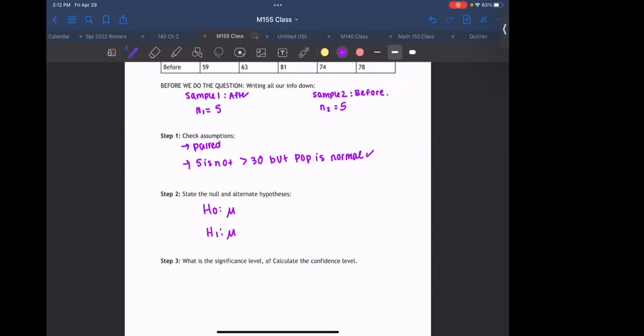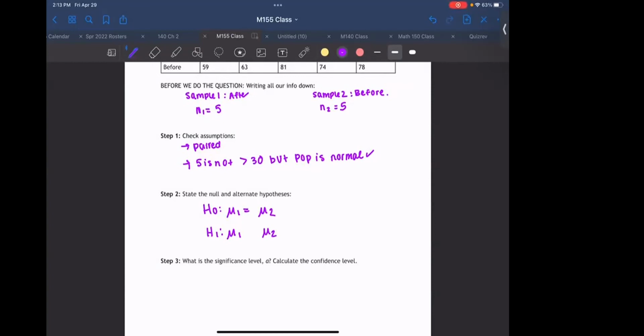And we have 2 means, right? So I guess we need mu1 and mu2. Null hypothesis always has an equal sign, so that makes it pretty easy for us. The alternate hypothesis always has the same sort of deal here, but instead of an equal sign, we're going to have a less than, greater than, or not equal to sign.